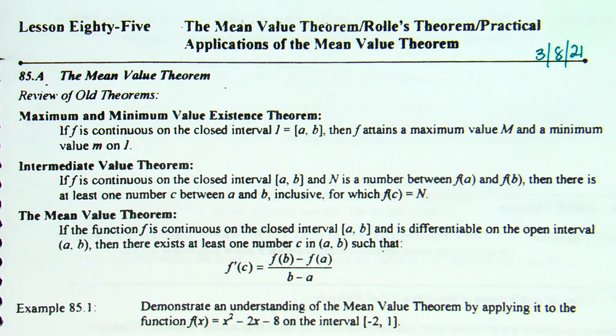If A and B are on here, right? And then right here is f of A, and right here is f of B. It says that there is some value C in the interval A to B that equals N, and N is in that interval.